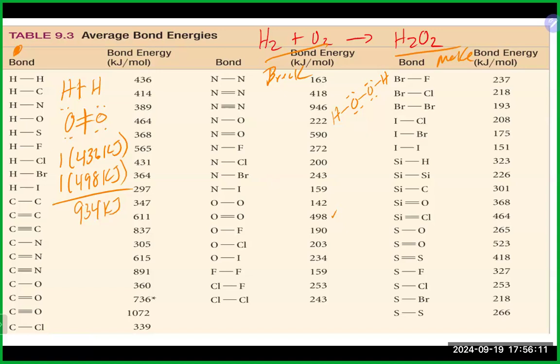On our making side here, we have 1 oxygen-hydrogen bond there, and we also have 1 more there. So that is 2 of the oxygen-hydrogen bonds, which is right here, 464. This will be negative 464 as we are making it.